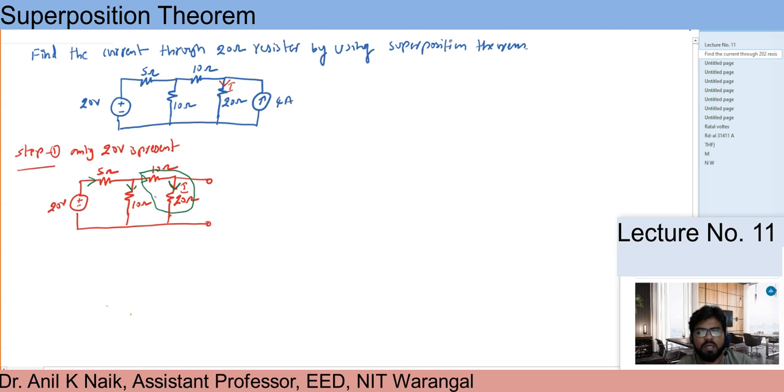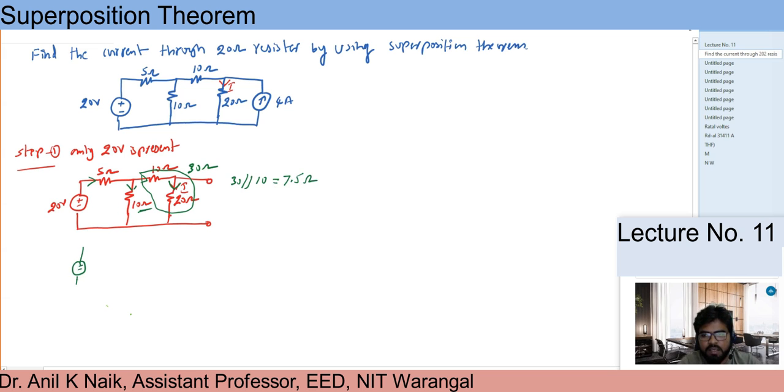I can replace them with a 30 ohm resistor, and this 30 ohm is in parallel with your 10 ohms. This parallel combination is going to give 7.5 ohms.